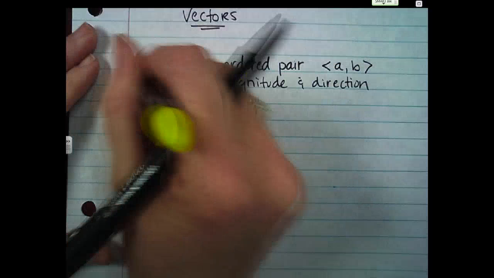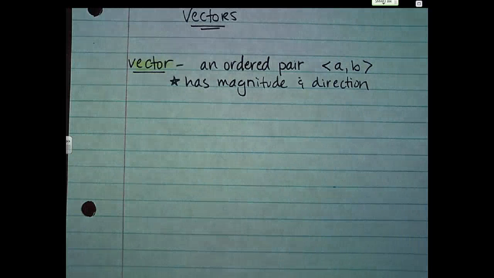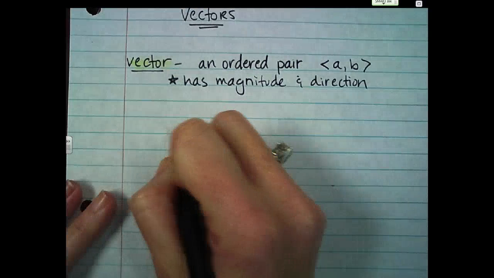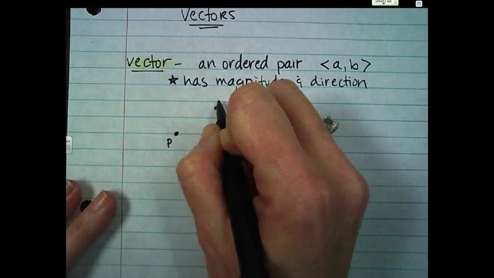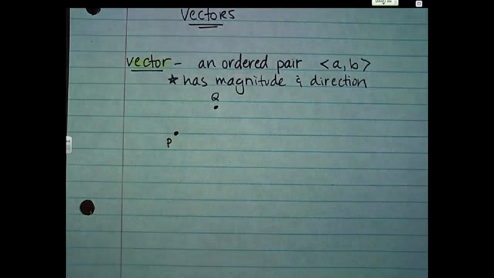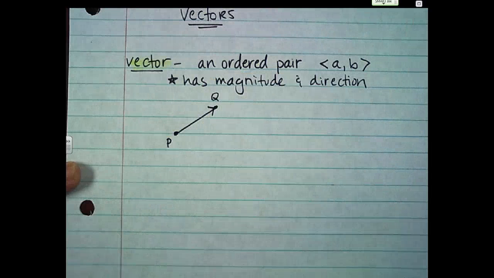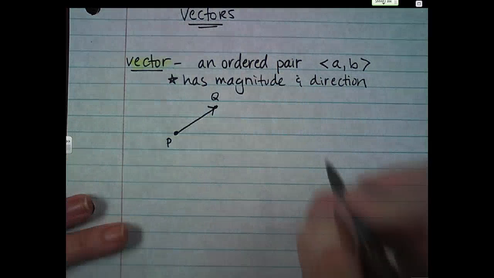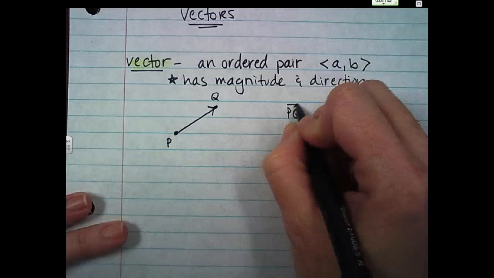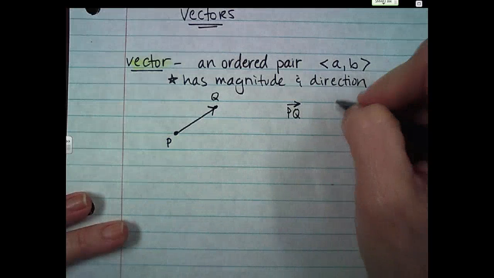Right, and let me show you what I mean by that. If I take a point P to a point Q, if you think about this, there's two ways to go. I can go from P to Q or from Q to P. So a vector has a direction. So if you're gonna go from P to Q, you're gonna go this way, okay? And the length of PQ, it has a length and a direction.